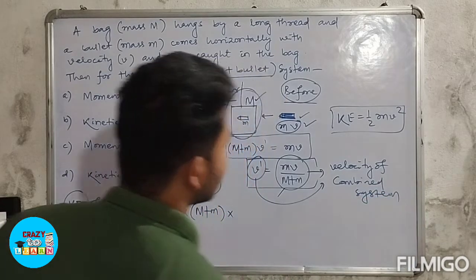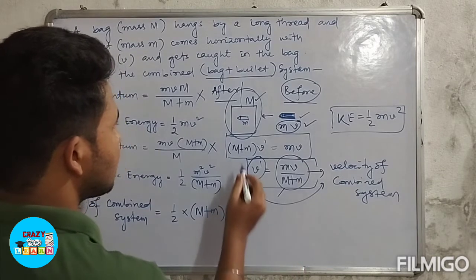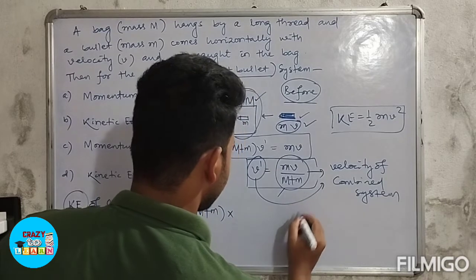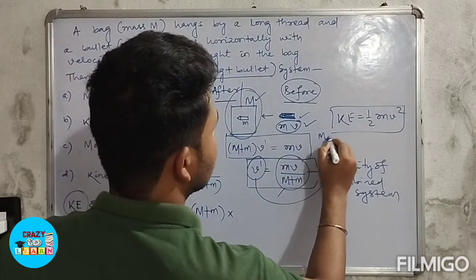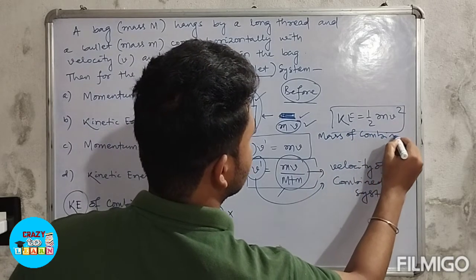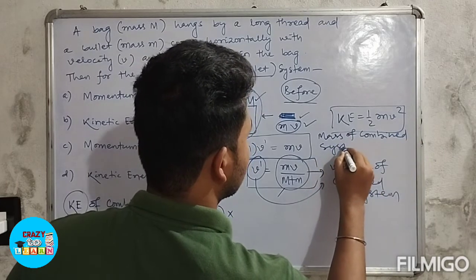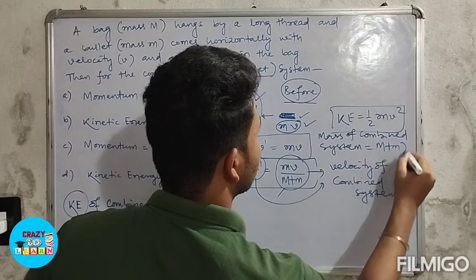Don't confuse. Okay. And what is the mass? Mass of the combined system is capital M plus small m. Okay.